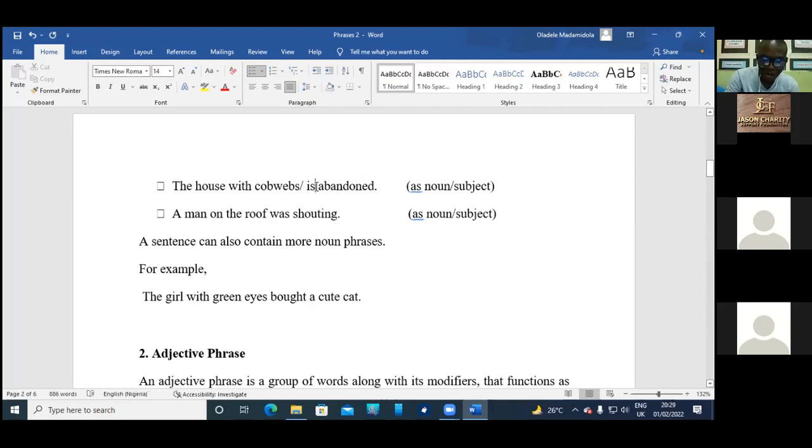And then you have the complements, as the case may be. Please look at this. The house with cobwebs put together will be what? The noun phrase in this expression, because the entire phrase is in the position of the subject. So the house with cobwebs.